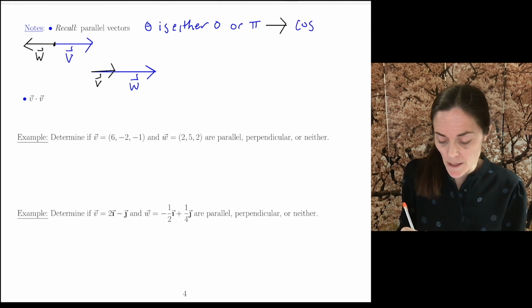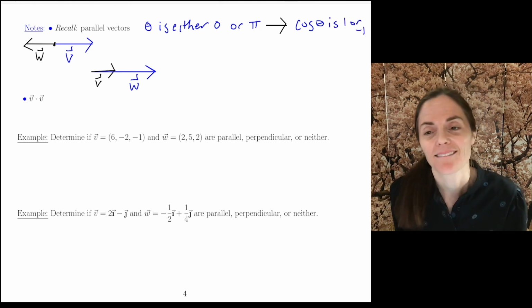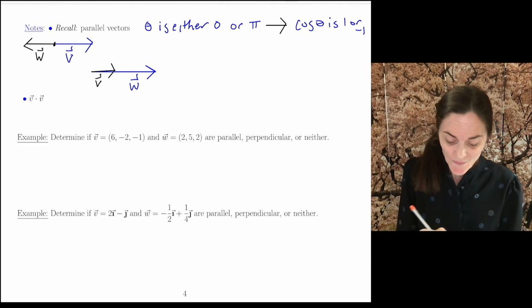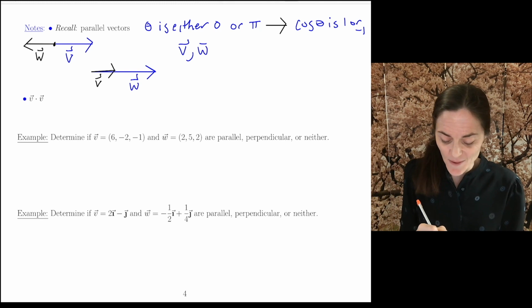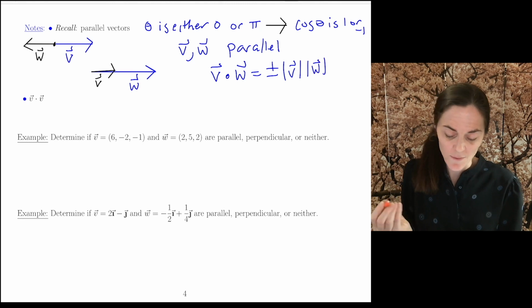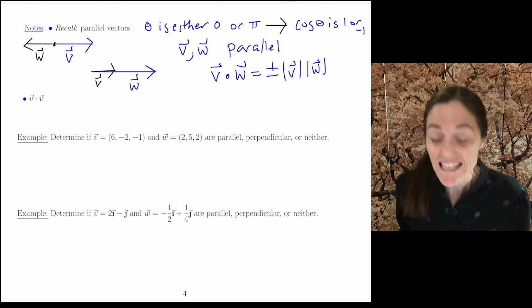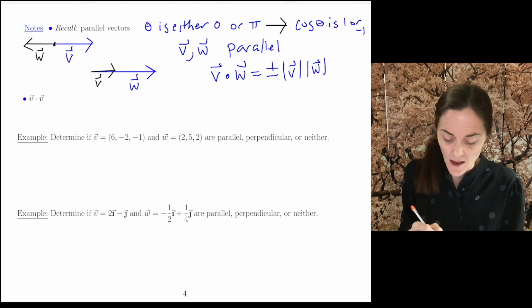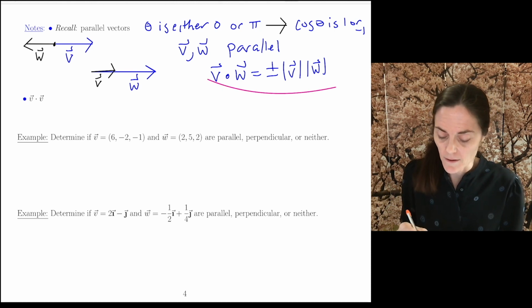In particular, we see cosine theta is either 1 or -1. So when you have two parallel vectors V and W, we will have that V dot W will be plus or minus the length of V times the length of W. This is an interesting observation when you have parallel vectors.